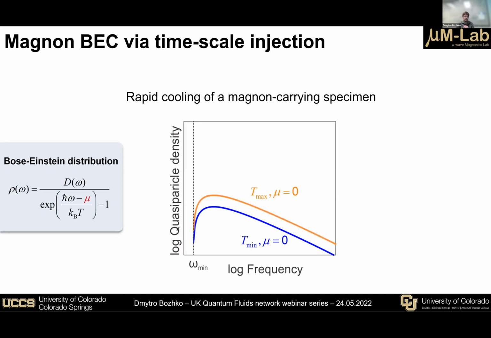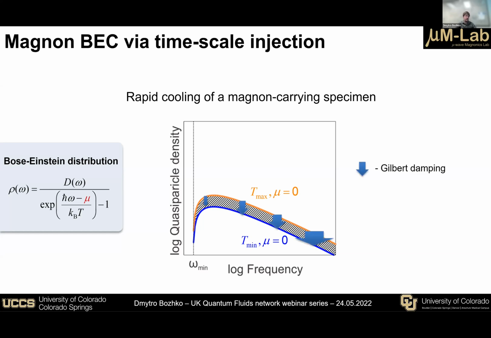When we heat up our system, the phononic system, we just heat up the sample to a higher temperature, and we get a larger number of thermal magnons in the population. But the chemical potential is still zero. If you look at the excess number of magnons, it's huge in comparison to room temperature.